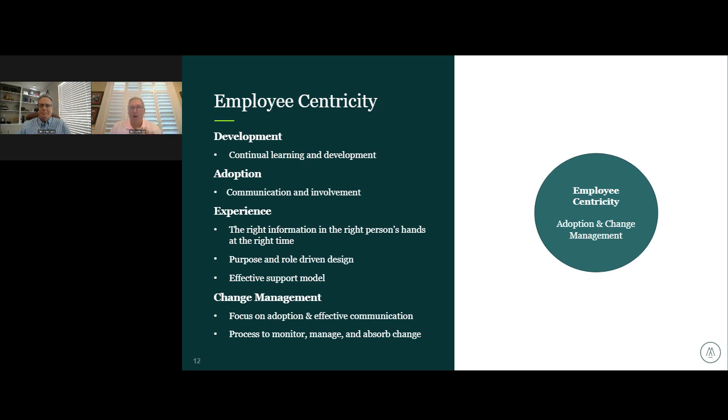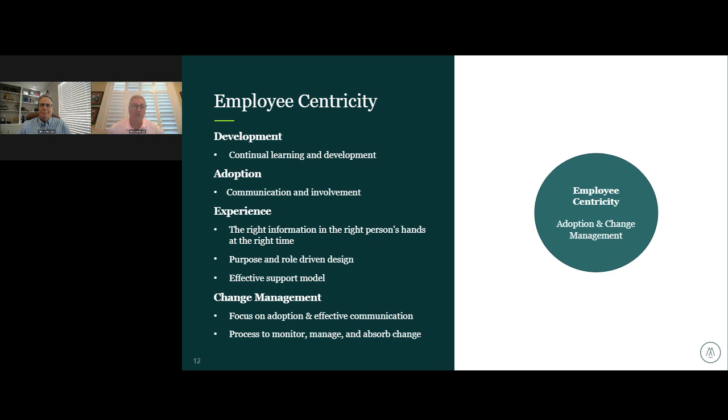How do you always bring that learning, development, and alignment back to the employee? We talked about communication and involvement. How do you bring them into conversations and decisions? The more you include people and have them be part of it, the more successful and aligned you are with your different user bases and roles.